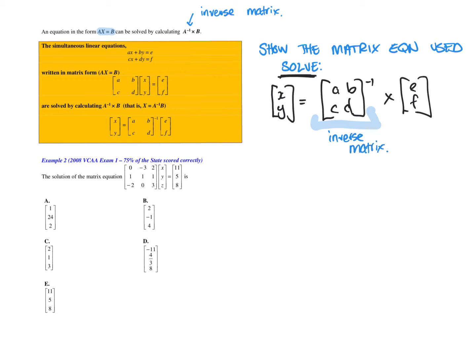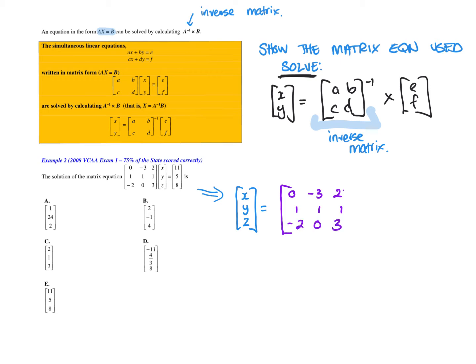Okay, so let's go have a look at this. Down here, they want the solution of this matrix equation. So let's have a look. They've already set it up. So for me to solve X, Y, and Z, what I'm going to type into the calculator, I'll just write that in purple, is this first matrix.